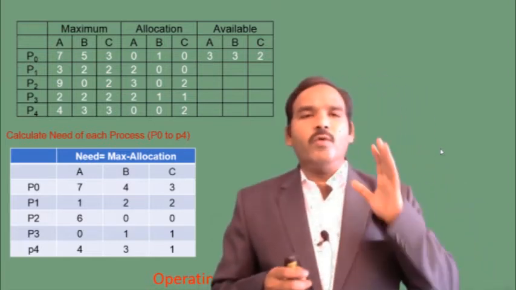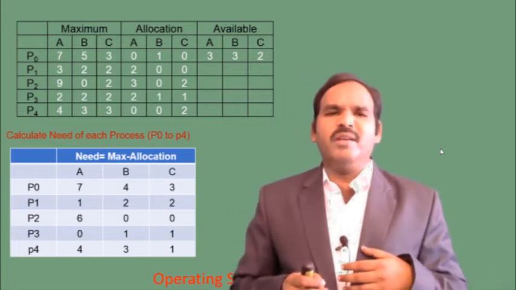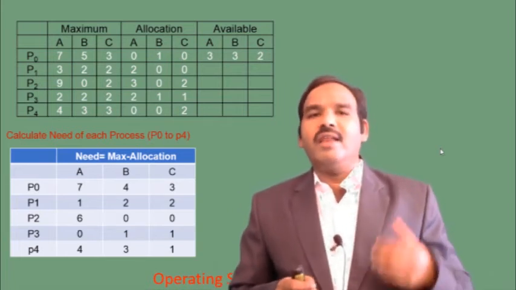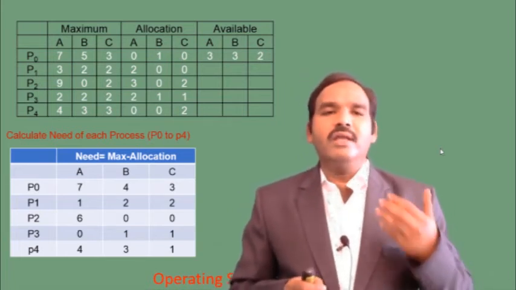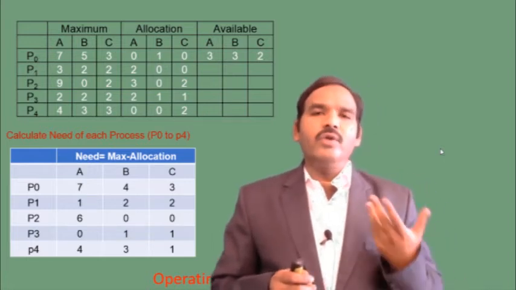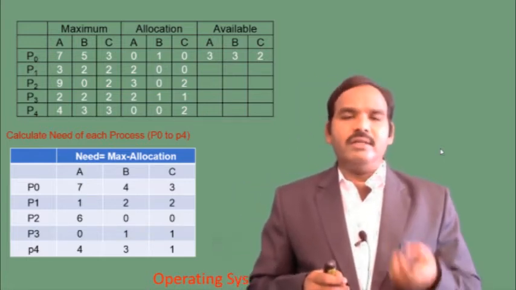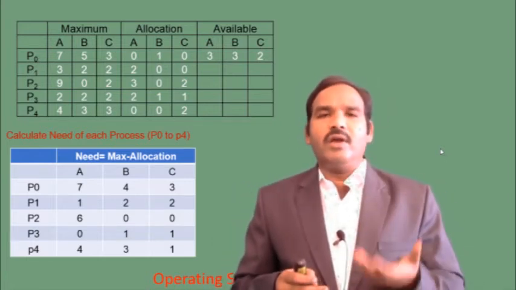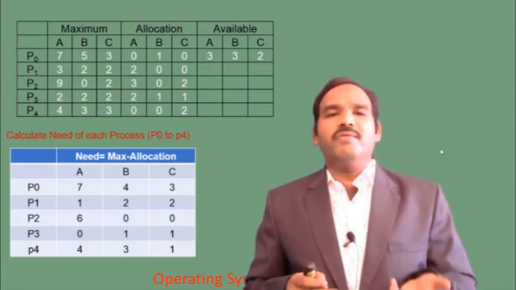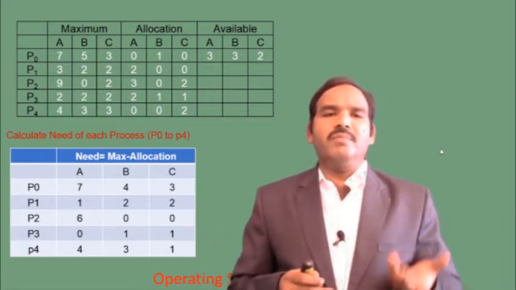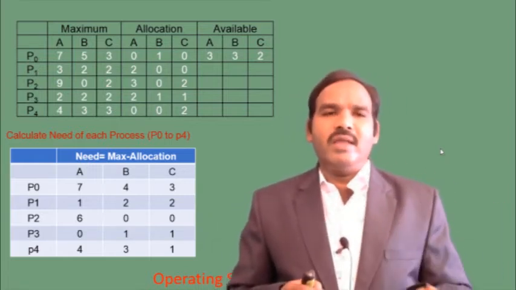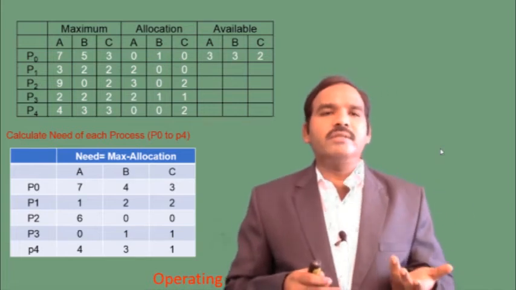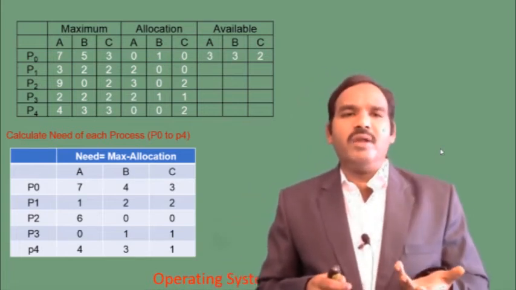You know, there are 4 data structures for Banker's algorithm: max, allocation, availability, and need. Available is a vector, a one-dimensional array of size m, where m is the number of resources. Max is a matrix of size n by m, where n is the number of processes and m is the number of resources.